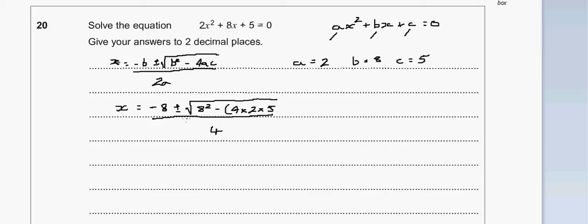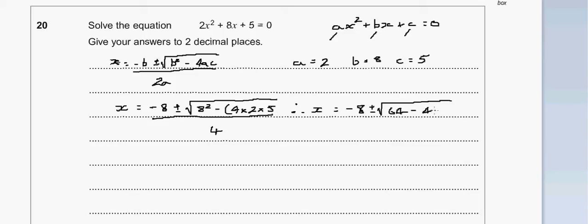So now you'll notice all the letters have disappeared and we just have numbers. So we now just use our arithmetic. So I can write therefore x equals minus 8, because we can't do anything with that yet, plus or minus the root of, now 8 squared is 64, minus, now 4 2s are 8 and 5 8s are 40.